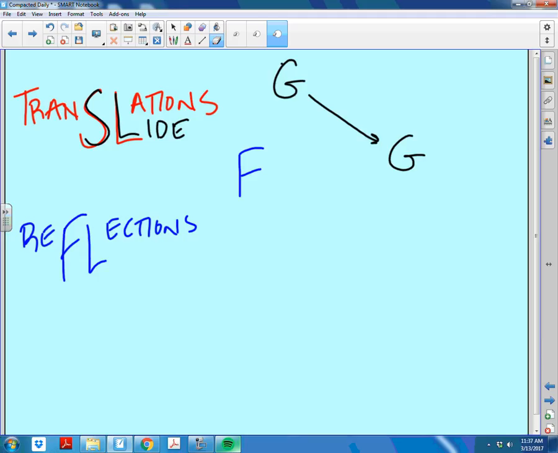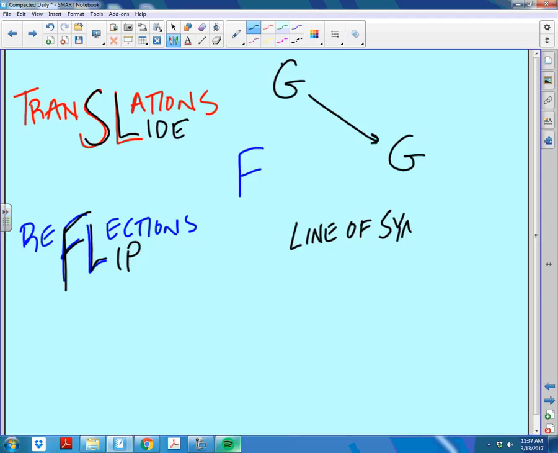Okay? And then, Cameron, you said a reflection is a flip. A reflection is indeed a flip. A reflection is a flip over something called a line of symmetry, which is a term you need to understand.